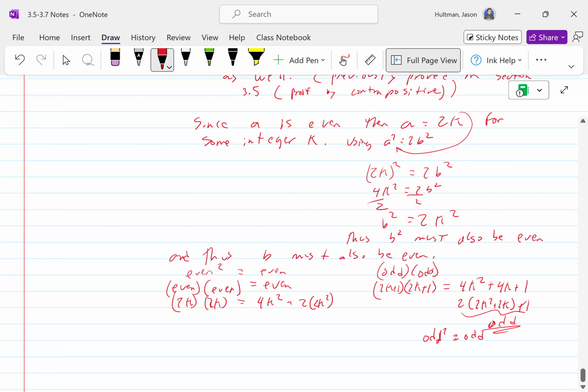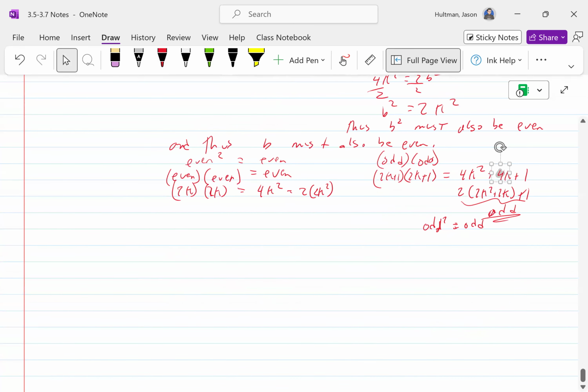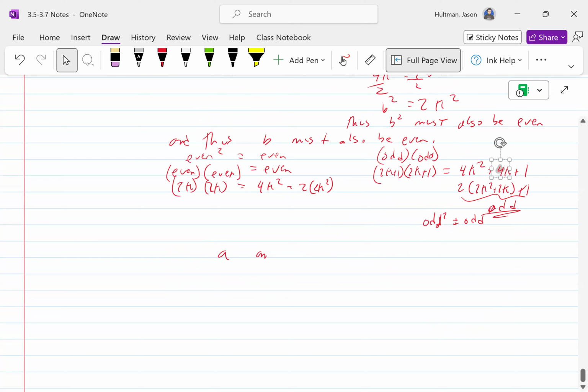So we know now that a and b must both be even, if their squares are themselves even.